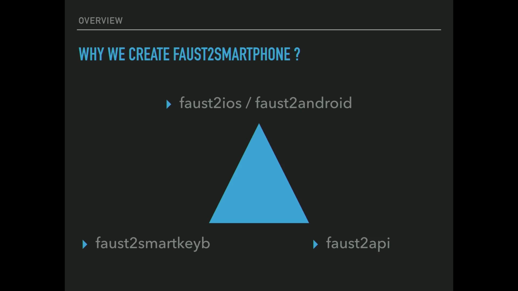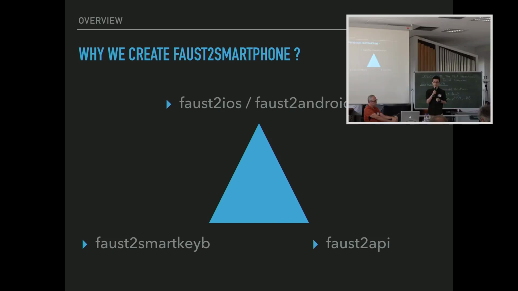And as Romain just demonstrated, we have Faust2SmartKeyboard, which will generate mobile instrument applications with a keyboard interface. And we also have Faust2API that will generate API files for different platforms.